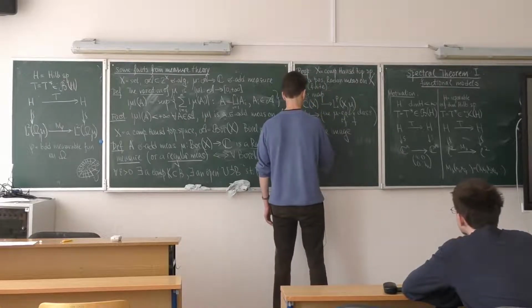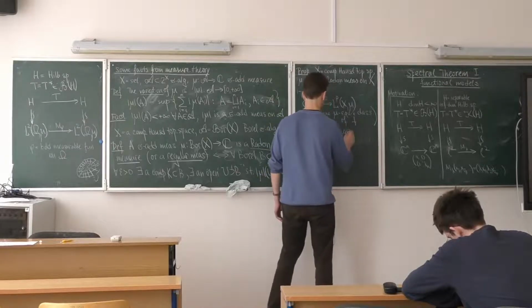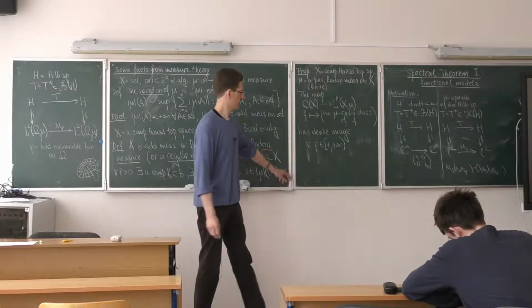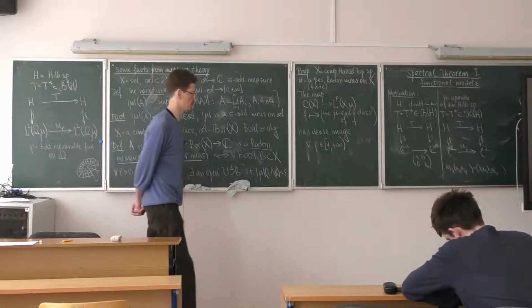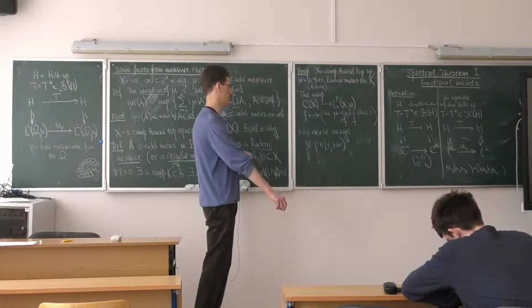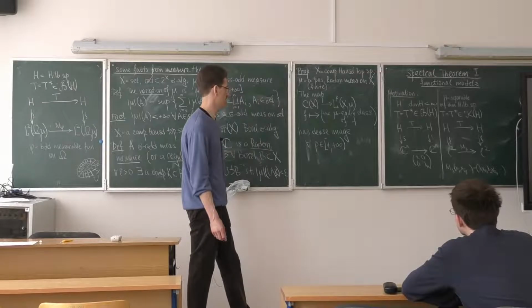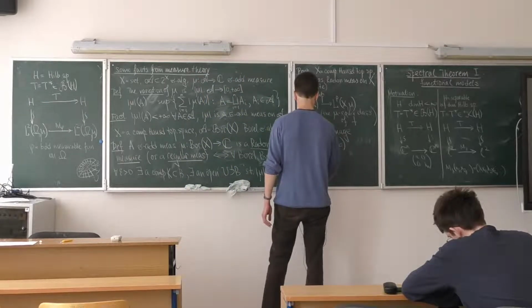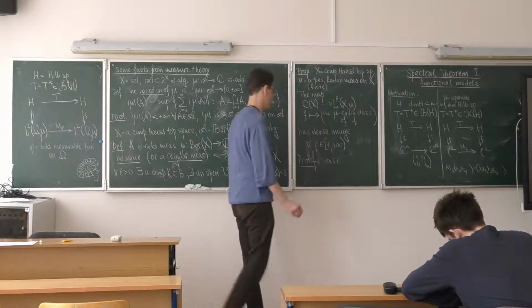This holds for each p between 1 and infinity. But of course, p should be finite. If we consider the map from C of X to L infinity, then its image is not dense. But for finite p, this map has dense image. The proof is a simple exercise for you.